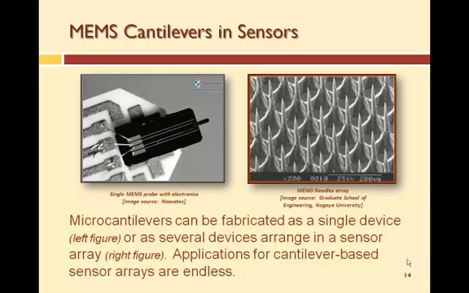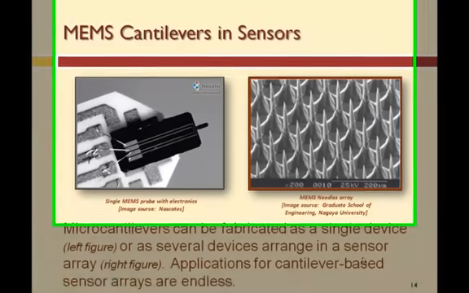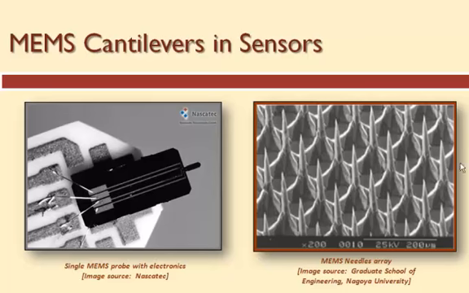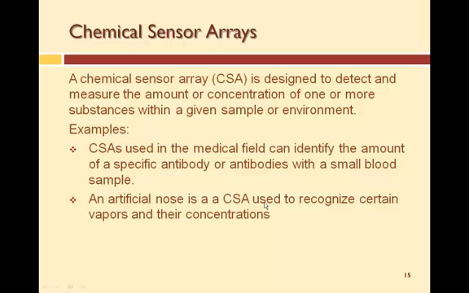Okay. So cantilevers are fabricated as a single device or several devices arranged in an array. In this case, it's a needle array, but you could make an array of cantilevers, as we discussed. A chemical sensor array is a type of measurement system. So you make an array of cantilevers or other sensors.